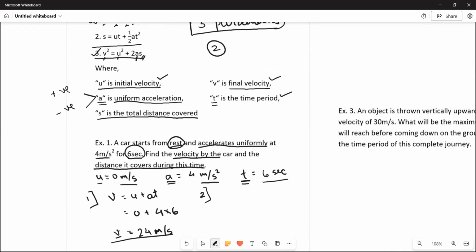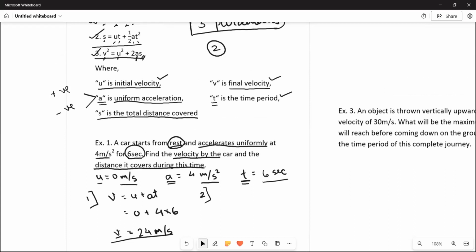See, we are supposed to find the value of s. We see the second equation, we are supposed to find the value of s, the total distance covered. Now we have u, we have the value of t, we have the value of a, and also this t, and we can make the square, right?